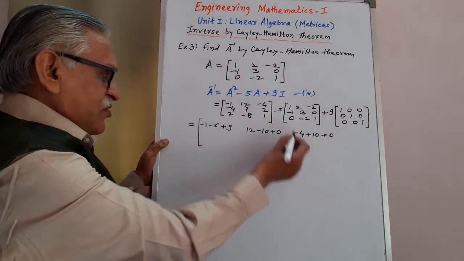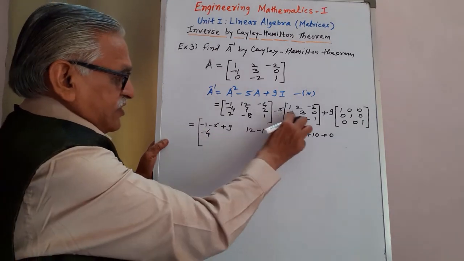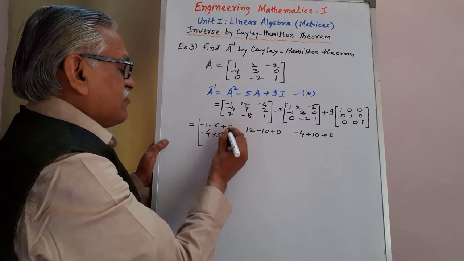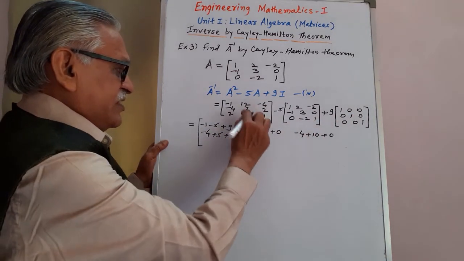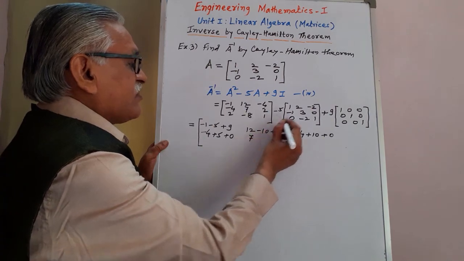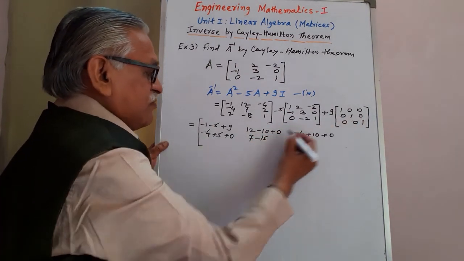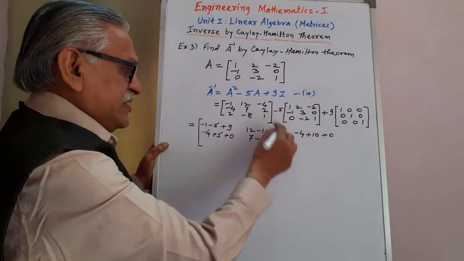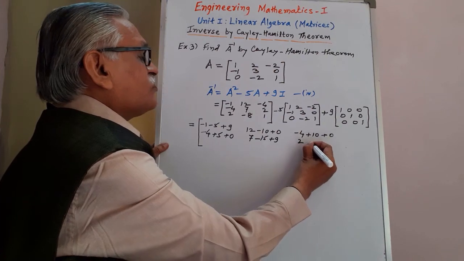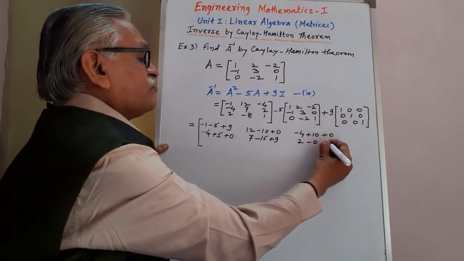Then from second row, first element minus 4 plus 5 and 0. Then second element 7, 5 3s are 15, minus 15 plus 9. Then third element 2 minus 0 and plus 0.